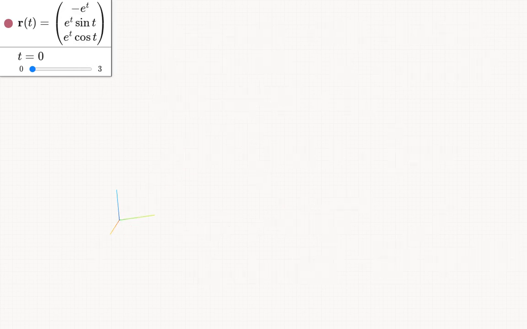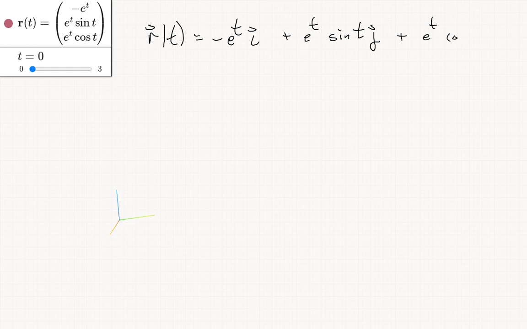Or here's another example. So we'll let r of t be negative e to the t i plus e to the t sine t j plus e to the t cos t k. So here's that curve. Now let's find the tangent vector.